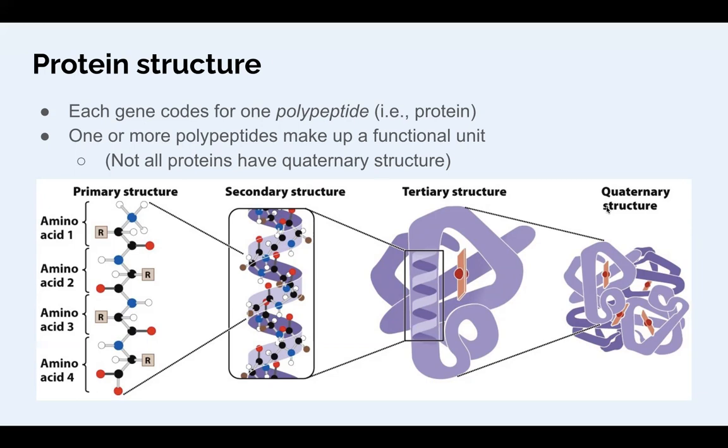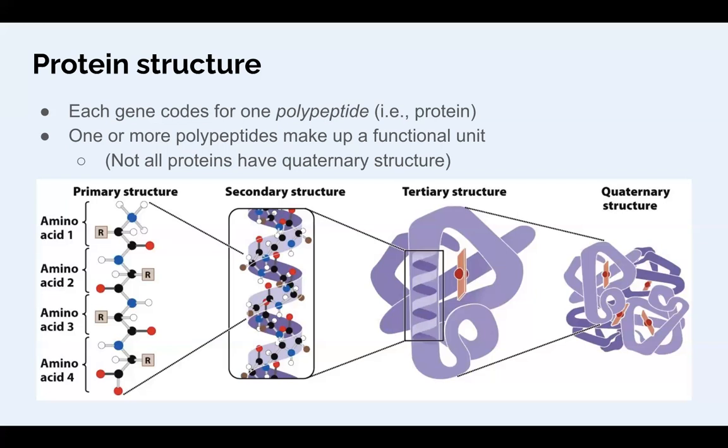And there's this concept of quaternary structure, in a protein that might have more than one what we call subunits. So the difference between tertiary and quaternary structure: the tertiary structure is the result of translating one mRNA.